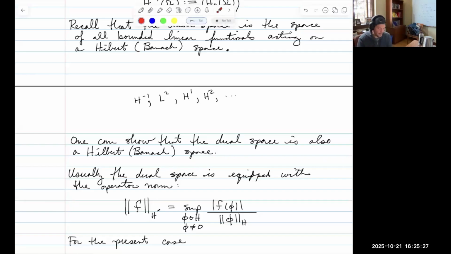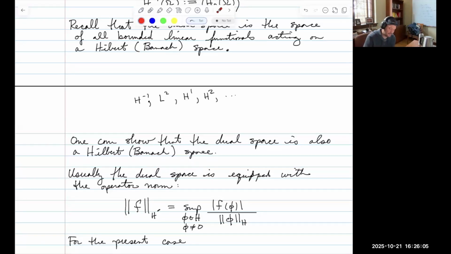Well, think about it like this. It isn't easy to see, so that's okay if you don't see it. The space H2 has one more weak derivative than the space H1, which has one more weak derivative than the space L2. And in some sense, I can think of L2 as having one more weak derivative than the space H minus 1. In other words, if I differentiate functions from this space, if I could, then they would be in H minus 1. Now, it's not exactly like that, but it's kind of like that.